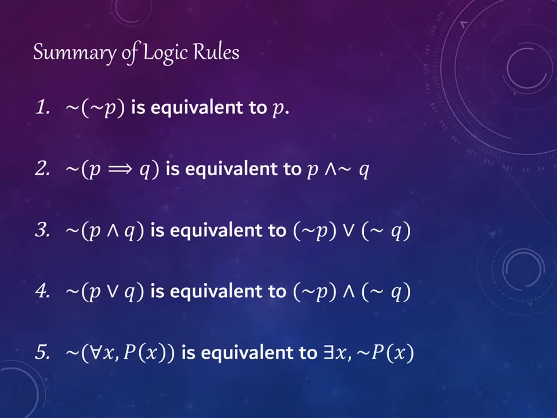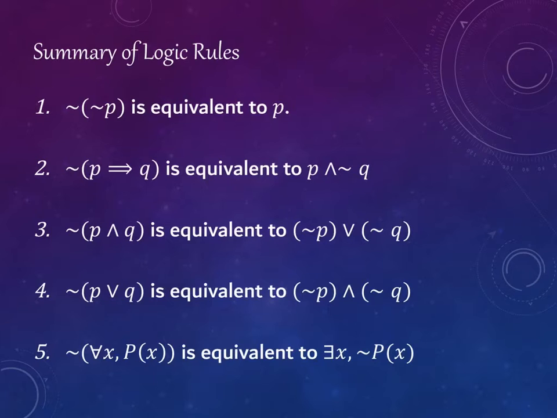The second one is that the negation of the implication P implies Q is equivalent to having P and not Q. And that should make sense, right? Basically what we're saying is that if P happens, Q automatically happens. But the opposite of that is that P happens and Q doesn't.